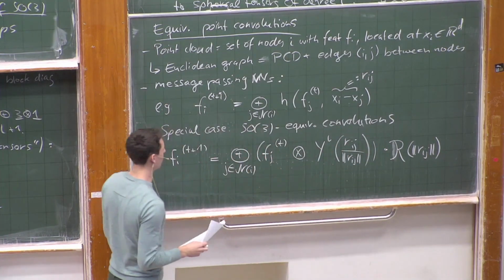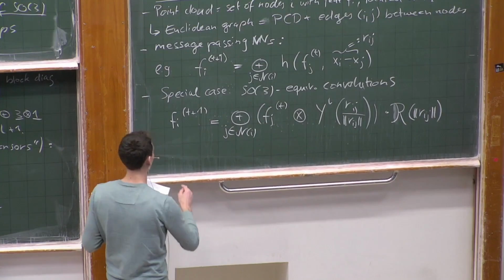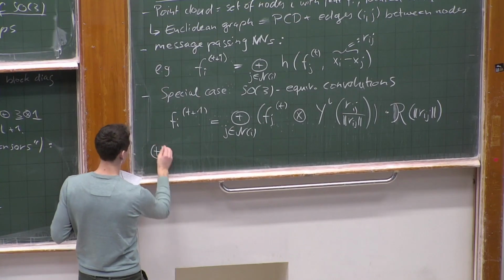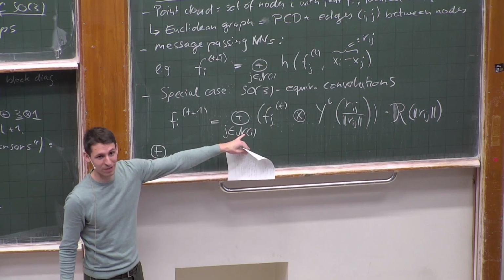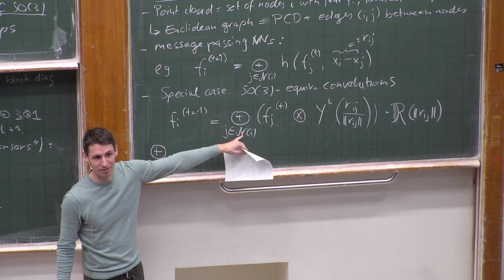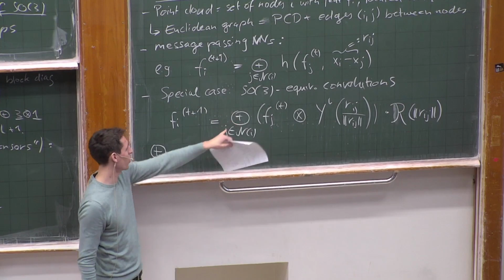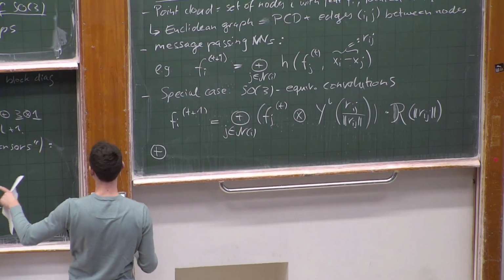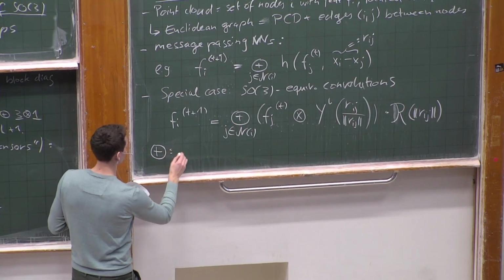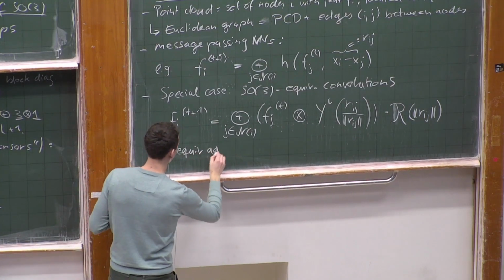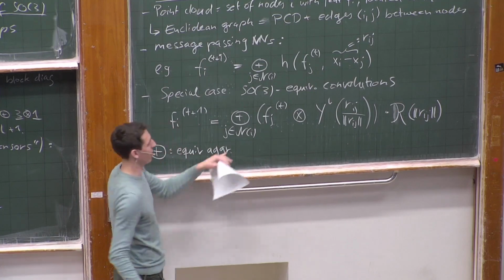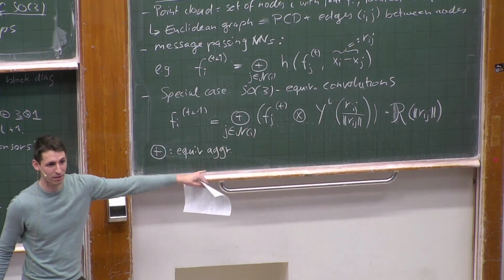And then what are the other ingredients that we have? This aggregation here. So this is not the direct sum. This is a bit unfortunate that the two symbols are used the same here. This circled plus is, in the other case, it was the direct sum. And here it's an equivariant aggregation operator. So we aggregate the messages from the neighbors.